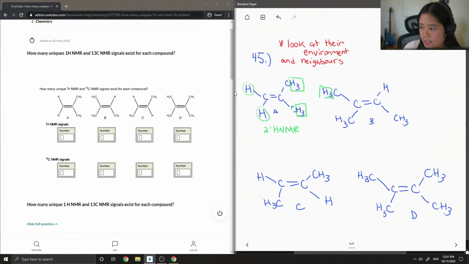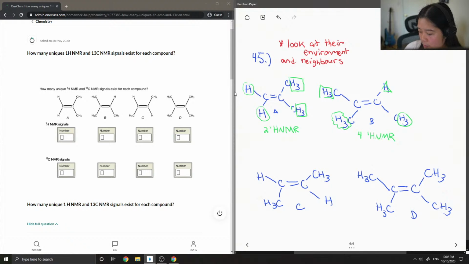This one is beside a hydrogen up here, and then another CH3 on that side. So you can see that these are all different environments. I'm just going to try to draw them in different shapes. So therefore this gives off 4 HNMR signals.